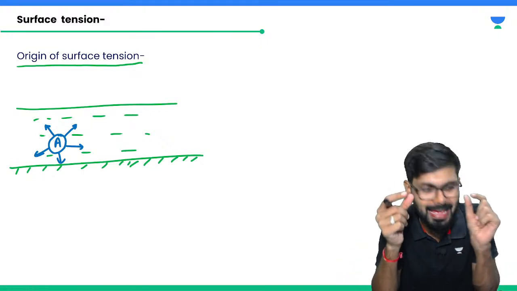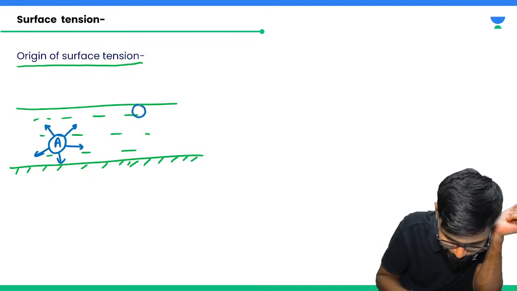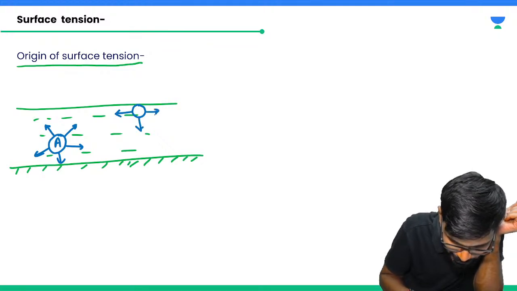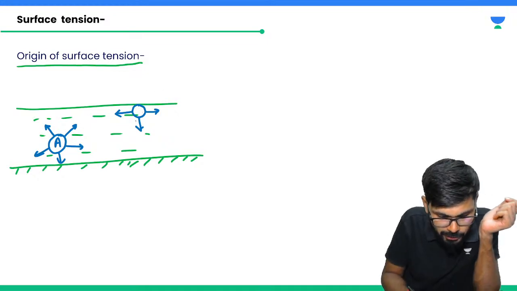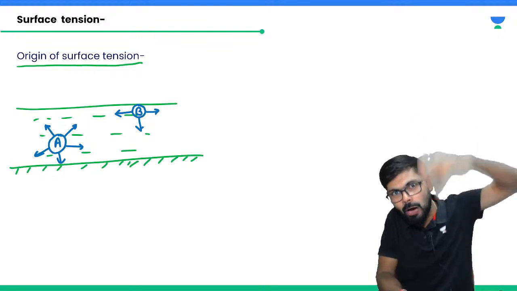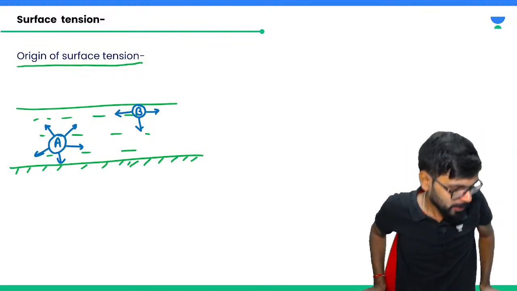Now if I take one molecule B here, then what will happen? This side one molecule is there, this side also, but here no liquid molecule is there. So basically you can see that in molecule B, net downward force is there. Please listen here again.